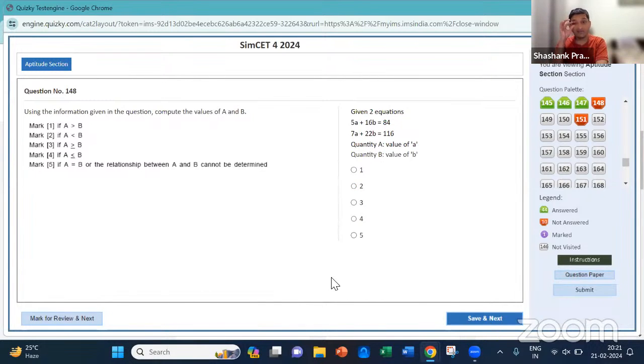Okay, 5A plus B is 84, 7A plus 22B is 116. Why can't life be easier? 12A plus 38B बन रहा है मेरे से. ठीक है, I'll try to see if I can manage it somehow. नहीं होगा ना? There will be some decimal, I believe.